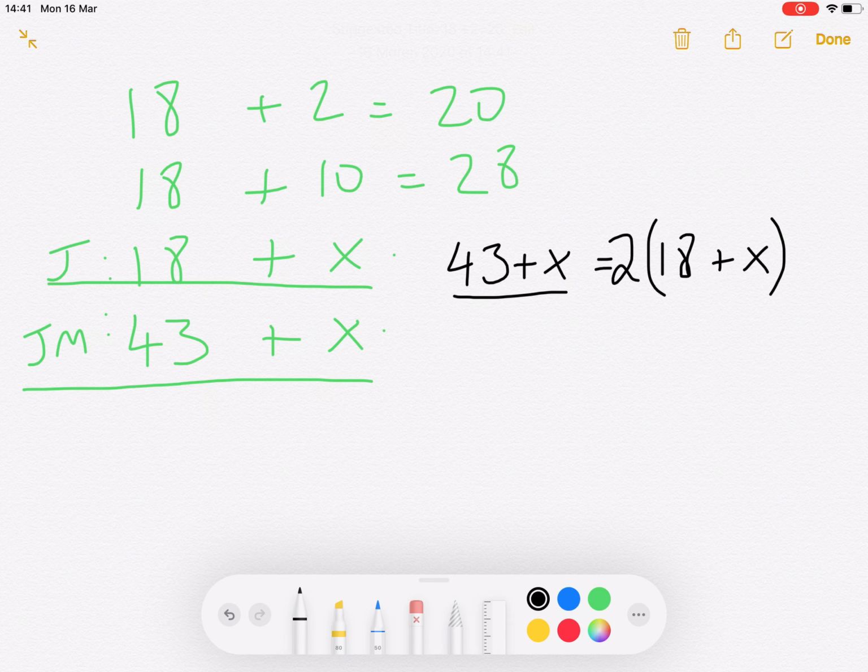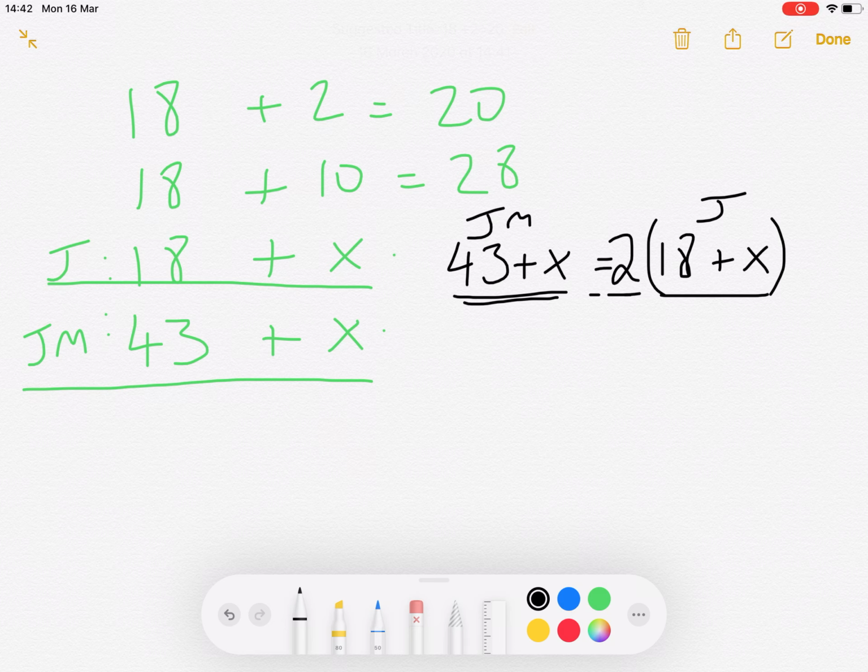So we can say that that is equal to twice what Joanne is going to be. Remember, this is Joanne's mother, this is Joanne, and I've got the 2 in front of the bracket representing the fact that Joanne's mother will be twice as old as Joanne will be at this time, in this year, whatever year it is, and we're going to figure that out in a minute.